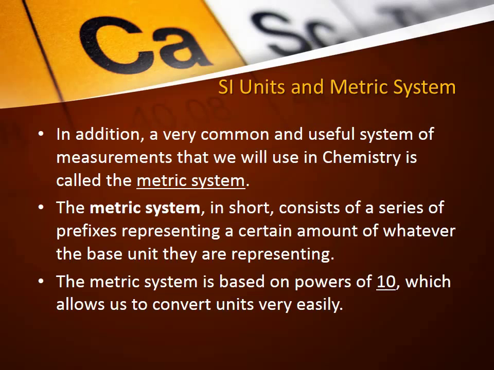In addition, a very common and useful system of measurements that we will use in chemistry is called the metric system. Now, the metric system, in short, is a series of prefixes representing a certain amount of whatever the base unit they are representing. It is based on powers of 10, and this allows us to convert units very easily.